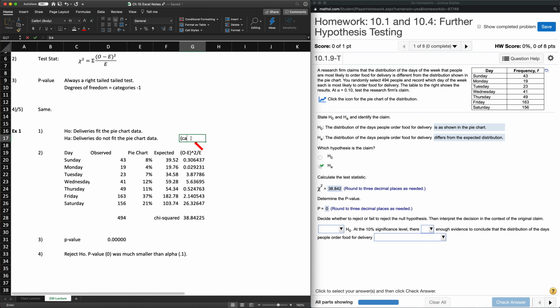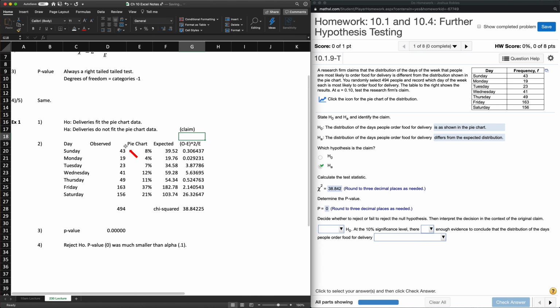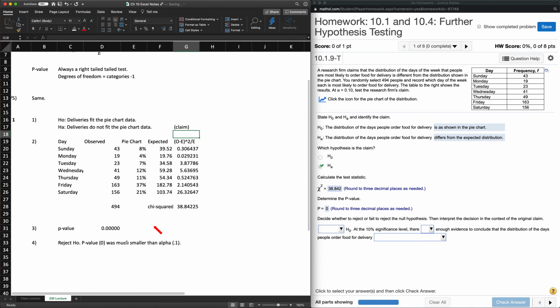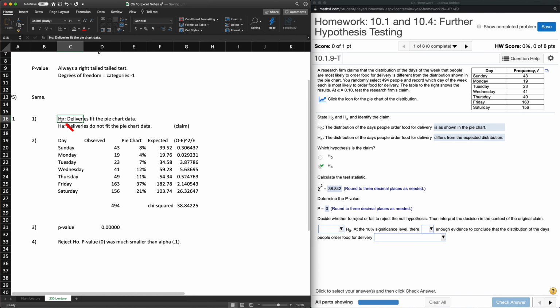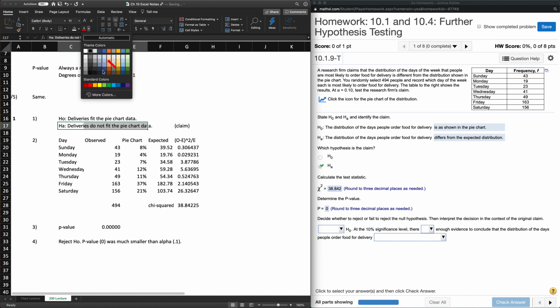So the claim was the alternative hypothesis, that the deliveries did not fit the expected distribution. And since we reject the null hypothesis, we are effectively crossing this option out and taking the alternative as our correct answer.